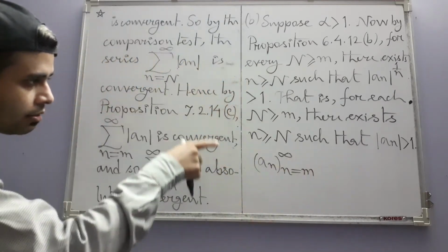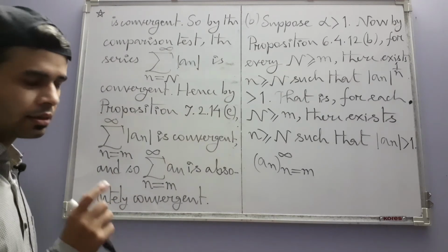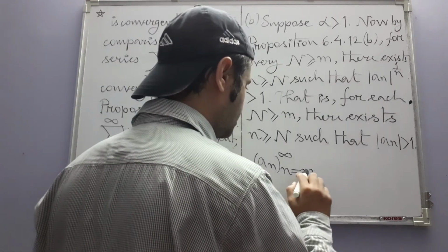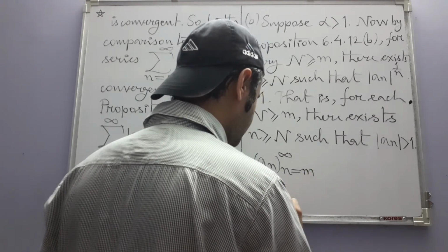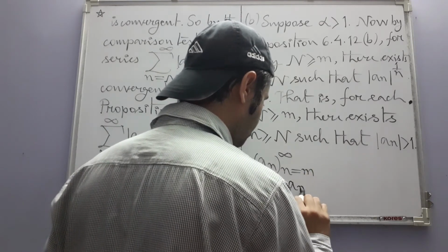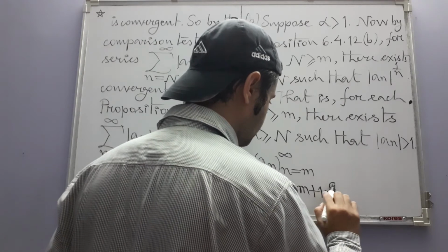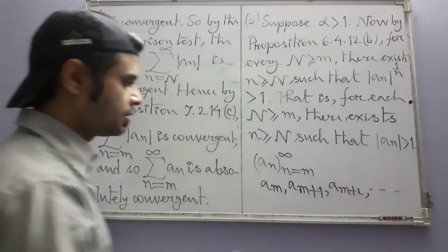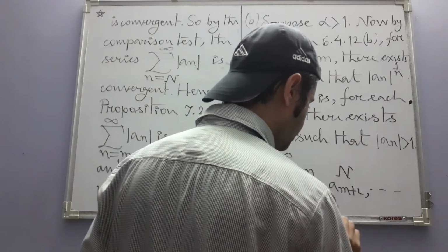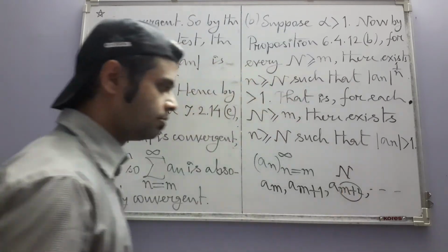Now what we are stating here has implications. What we are stating is this: it does not matter how far down the sequence we go. Say we choose our N to be m plus 2.